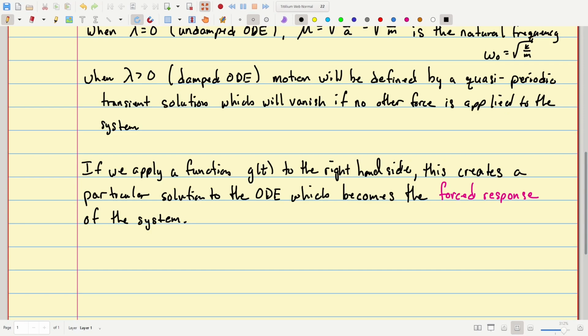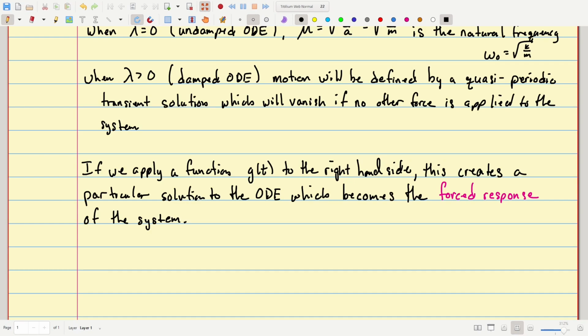We know that having a non-homogeneous equation will result in us having a particular solution to the differential equation. The particular solution is interpreted as the forced response of the system. Okay? The natural behavior of the system in the absence of external forces is going to be the one given to us by the homogeneous solution of the differential equation.